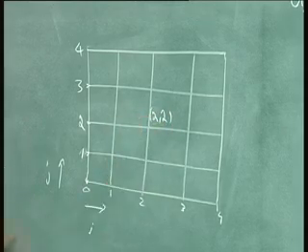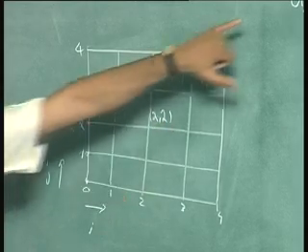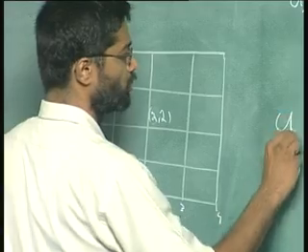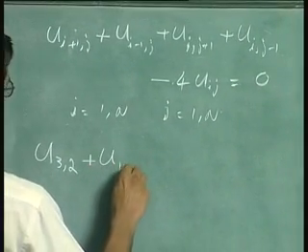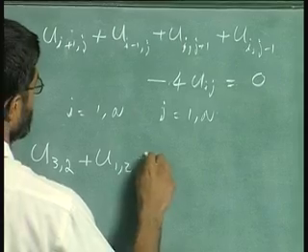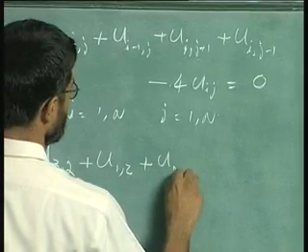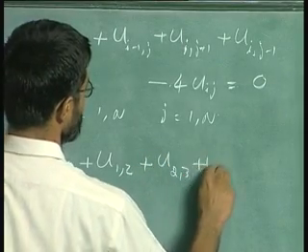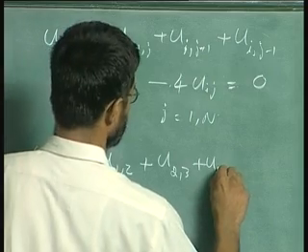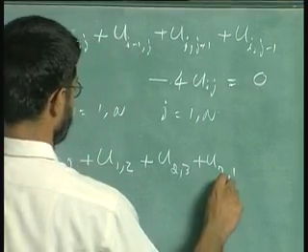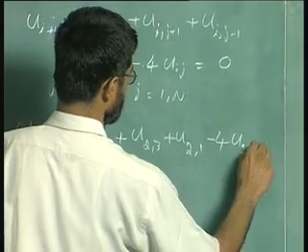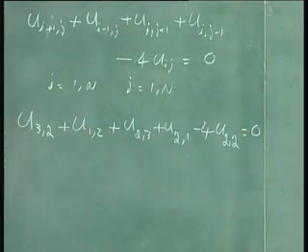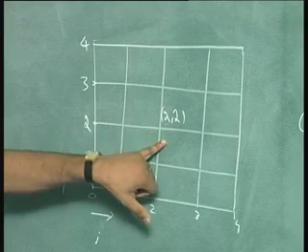I would write it as u_{3,2} + u_{1,2} + u_{2,3} + u_{2,1} - 4u_{2,2} = 0. So that's the equation I would write for this point.